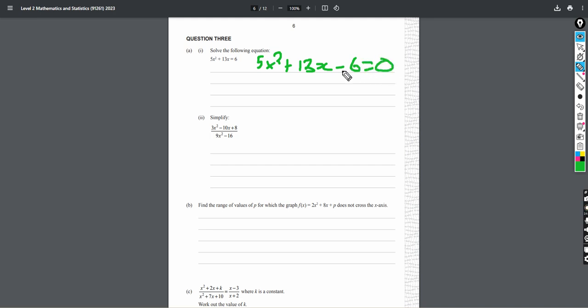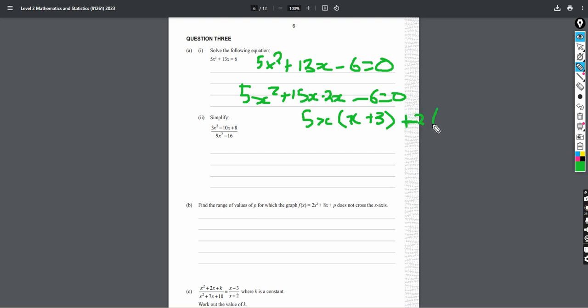Minus 6 equals 0. 30, so 15 and minus 2. 5x squared plus 15x minus 2x, 5x times x plus 3, minus 2 times x plus 3, so 5x minus 2, x plus 3, x equals 2/5 or minus 3.